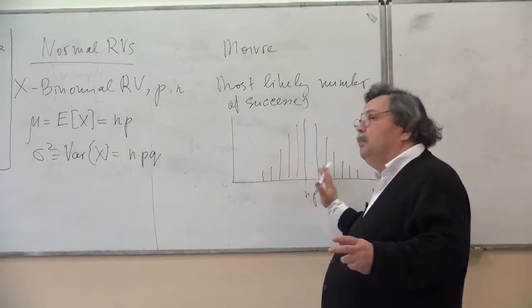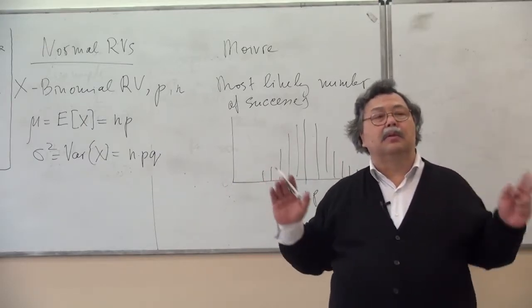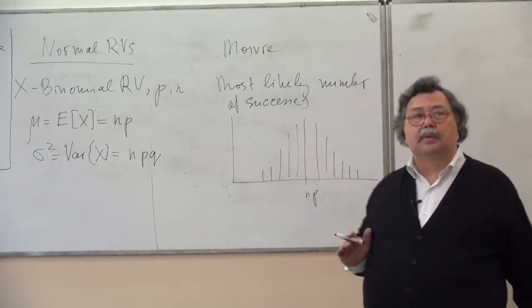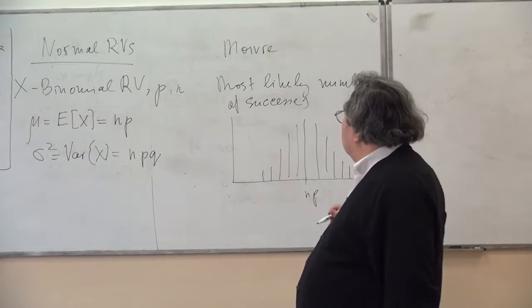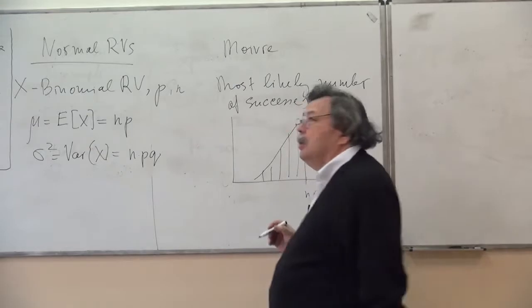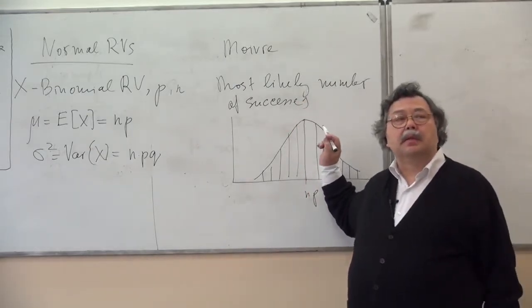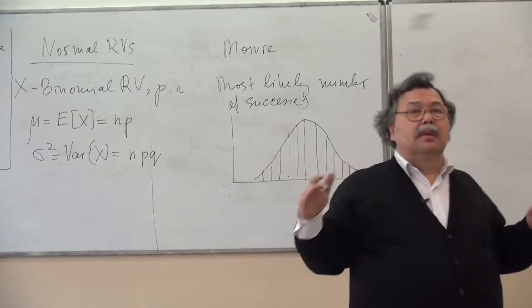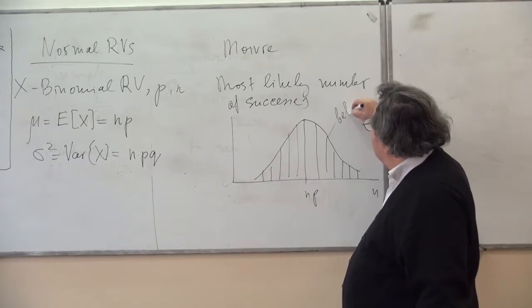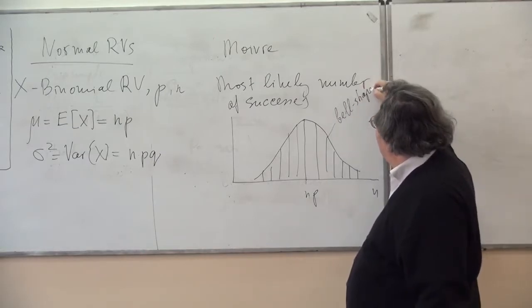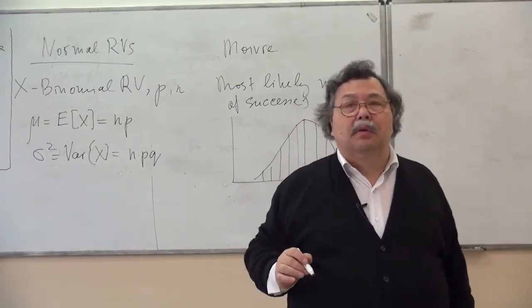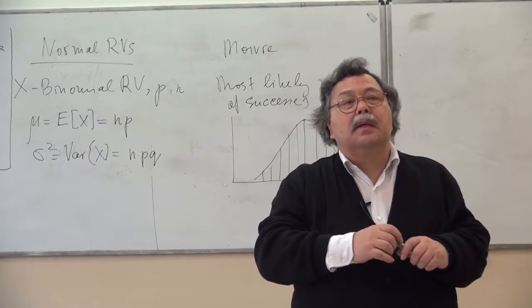Then if we depart from n times p to the right or to the left, these probabilities decrease, falling down to 0. And if we draw a curve through the tips of these bars, we get a certain shape like this. It's commonly called a bell-shaped curve.